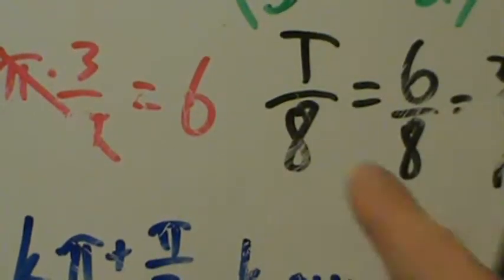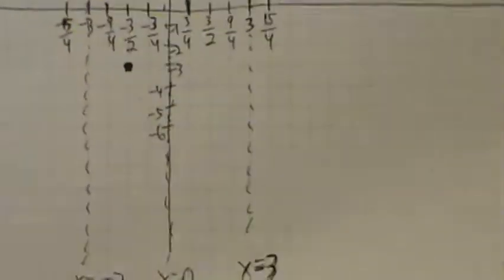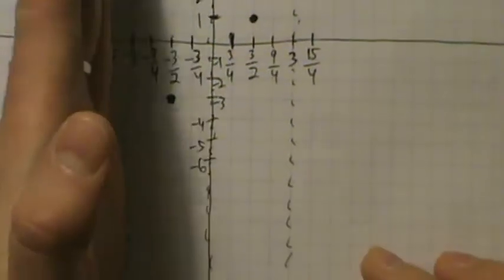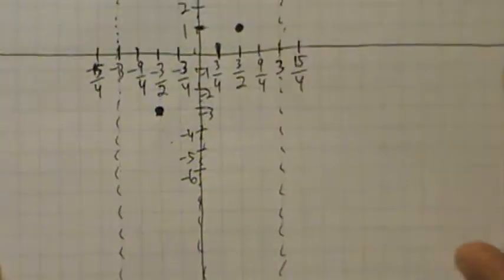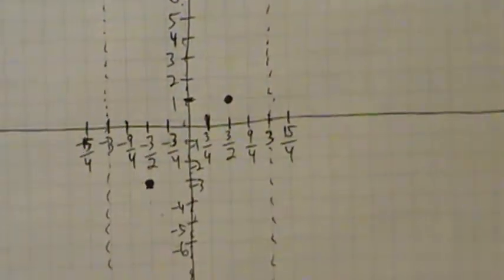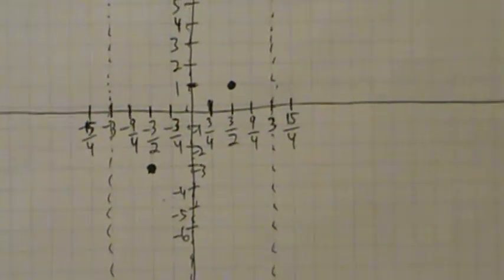Now, the reason we did t divided by 8 for the x-axis scale is that if we did t divided by 4, we would have an asymptote, this point, an asymptote, that point, an asymptote. So there wouldn't be enough room to open this up wide enough. How do we know how far wide we need to go?